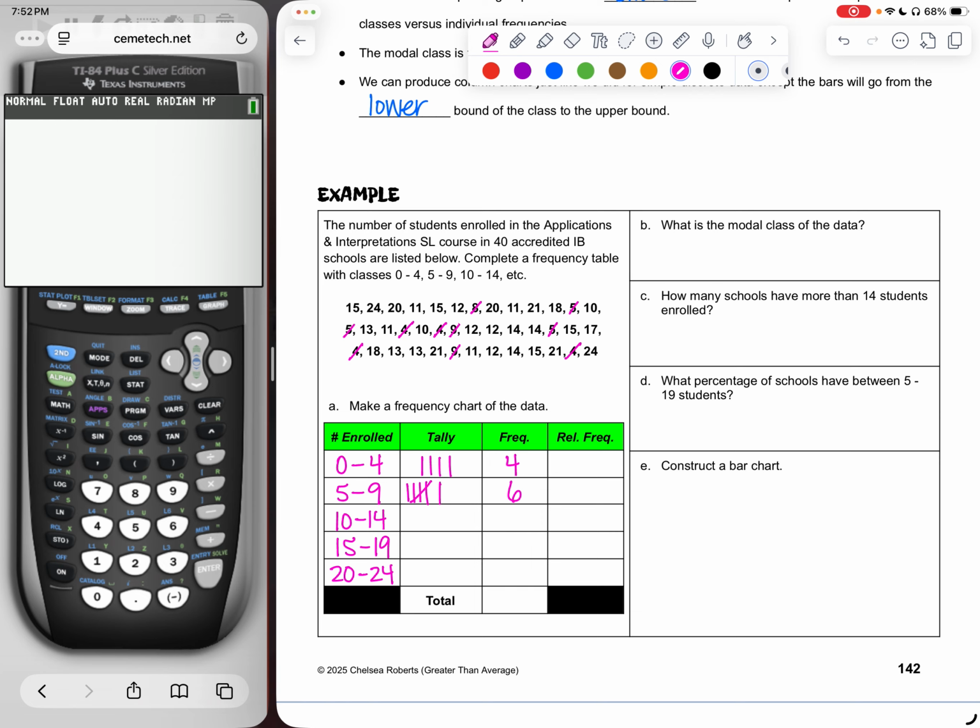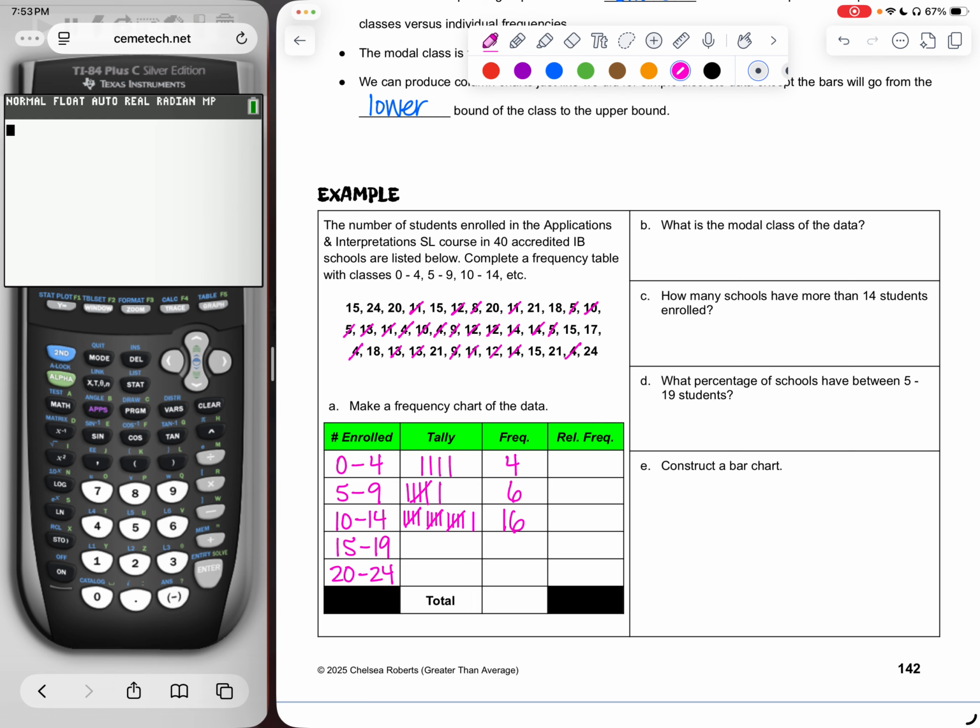From 10 to 14, we have 1, 2, 3, 4, 5, 6, 7, 8, 9, 10, 11, 12, 13, 14, 15, 16. So we have 16 numbers here. And of course, if we make them as tallies, we'll have 16 here.